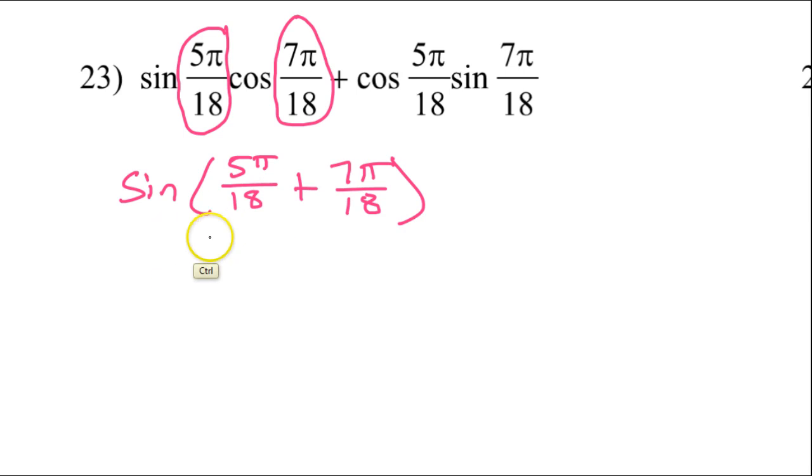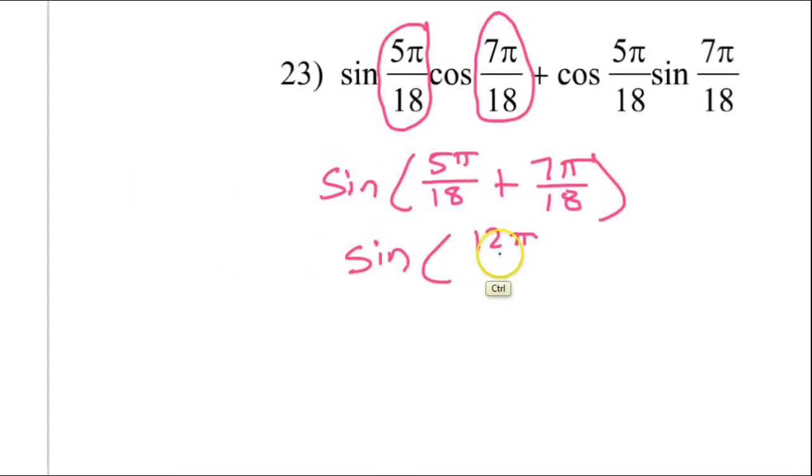If you add these together, you get 12 pi over 18, so this will be the sine of 12 pi over 18. I'm just going to reduce this. These are divisible by 6, so this will be 2 pi over 3.